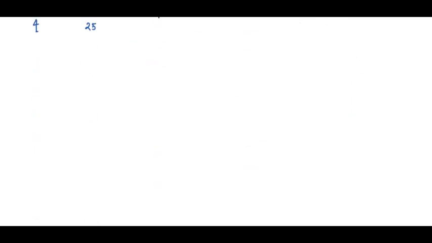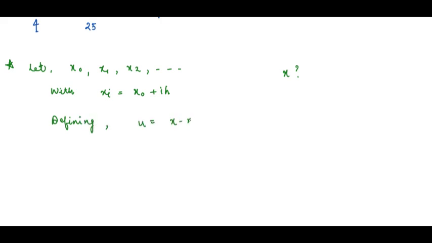Now let's derive the actual interpolation formula. Let the equally spaced data points be x0, x1, and x2, with x_i as x0 plus i times h. Suppose we want to find the value at x, so we define u as (x minus x0) divided by h. This parameter tells us how far x is from the first tabulated value, measured in units of h.